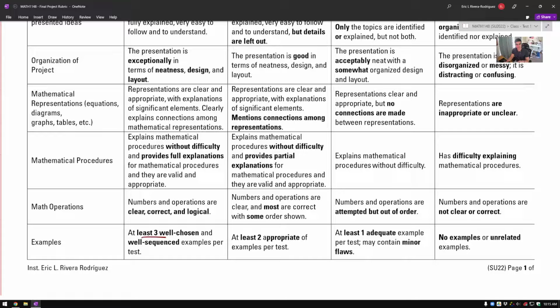We are working in an open book environment, so for all the assessments you are allowed to use your notes. So your project is like your notes, the notes that you want to use for the assessments, for the quizzes and for the tests.